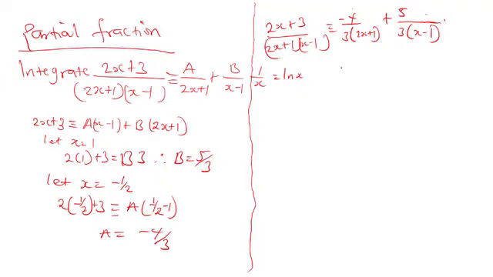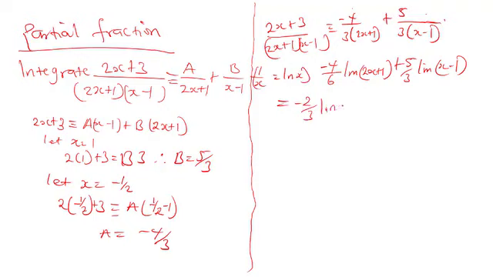So with this, you now have minus 4 over 6 ln(2x plus 1) plus 5 over 3 ln(x minus 1). So this is equal to minus 2 over 3 ln(2x plus 1), then 5 over 3 ln(x minus 1).